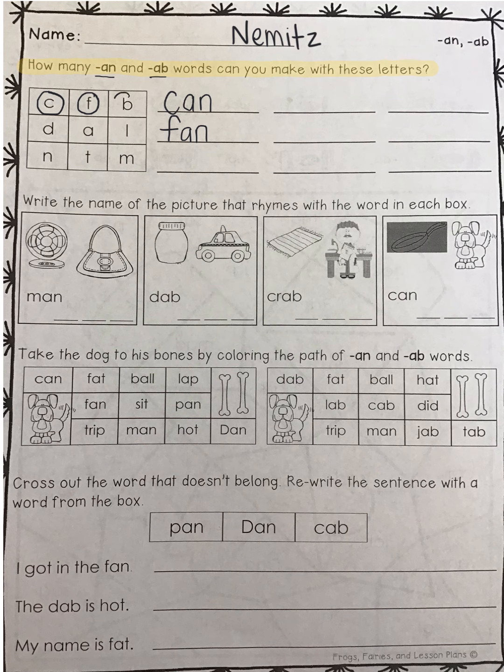Then I see the letter B. Ban. My next letter is the letter D. I'm going to do the word Dan, which is a name, so I'm going to capitalize it. Dan.